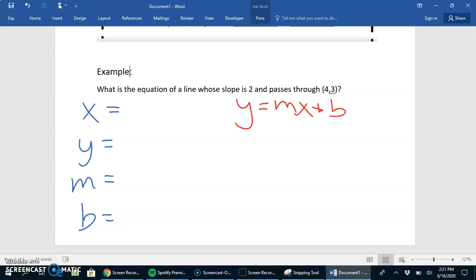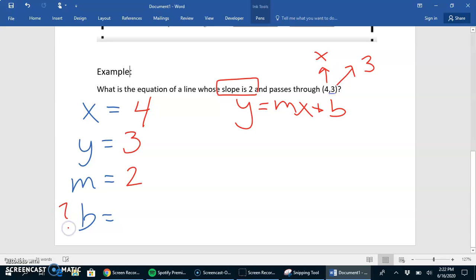Okay? So our x is 4. Our y is 3. What's our m? That's right, guys. It's the slope, okay? So we're annotating our question, right? So the slope is 2. I'm going to plug that right in here. And we need to find the b.